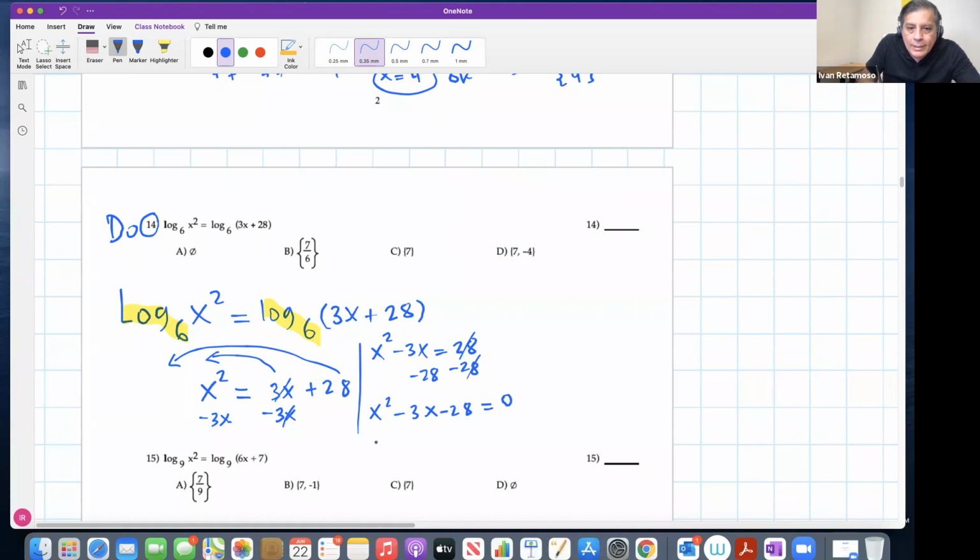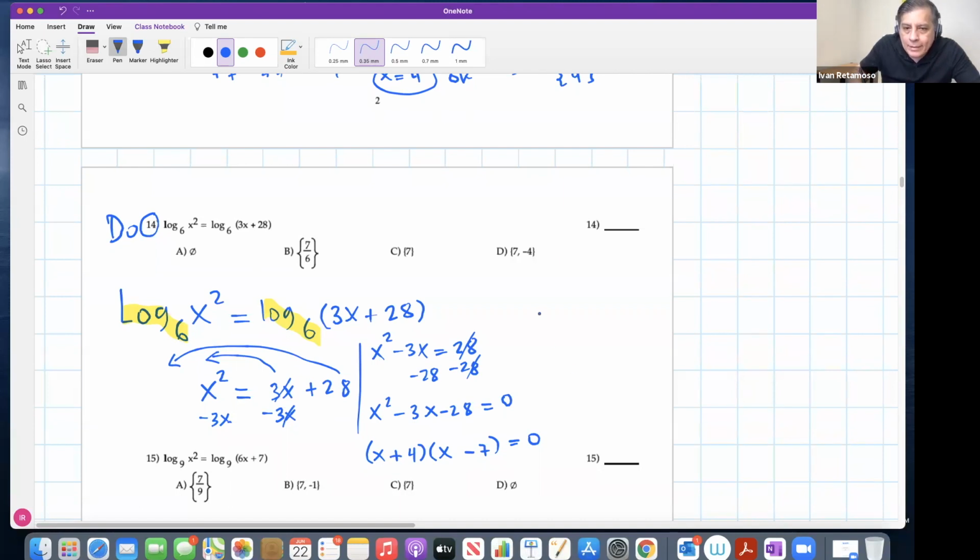Now I'm going to try to factor. In general, if this is not factorable, you may have to use the quadratic formula, but I think it's factorable, because if you look for two numbers whose product is 28 and whose sum is -3, after some trial and error, they must be 7 and 4. You want the sum to be -3, so 7 should be negative, 4 should be positive.